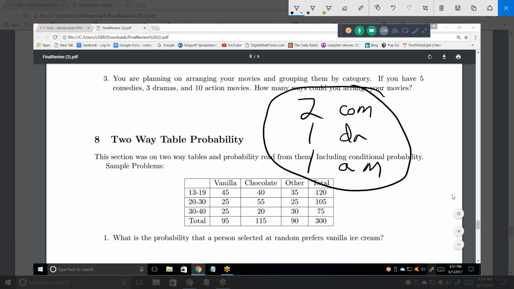If that formula is correct, the answer has to be 2. It's correct. 2 is right because you either watch 1 comedy, 1 drama, and 1 action movie, or you can watch the other comedy and the same drama and the other action movie. So it appears that we're correct. It's 5 times 3 times 10.